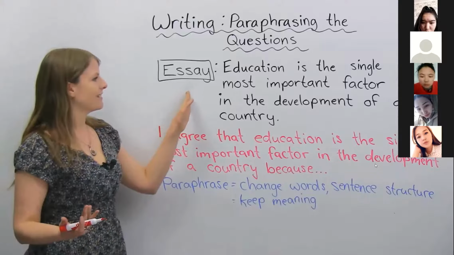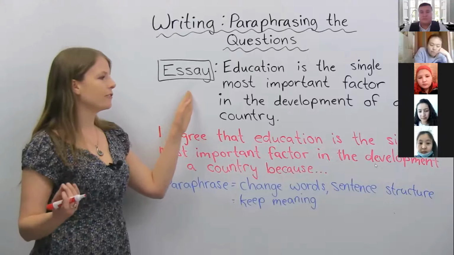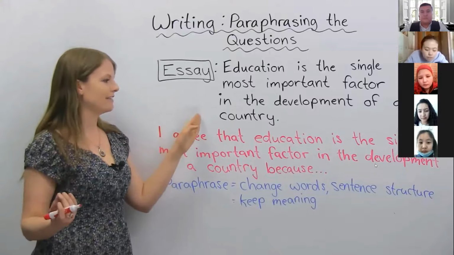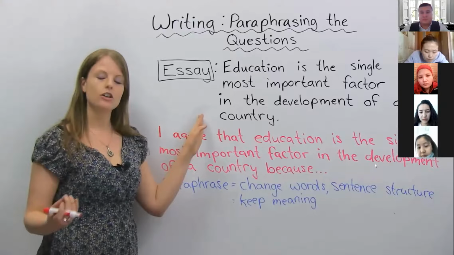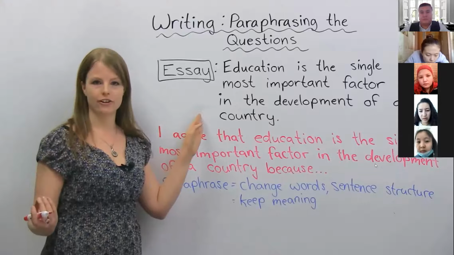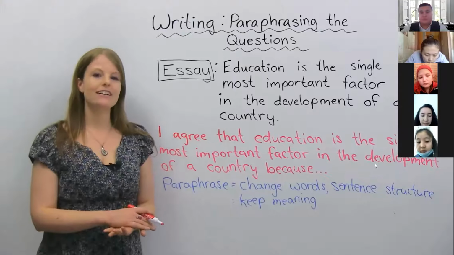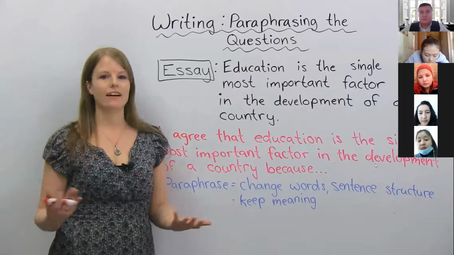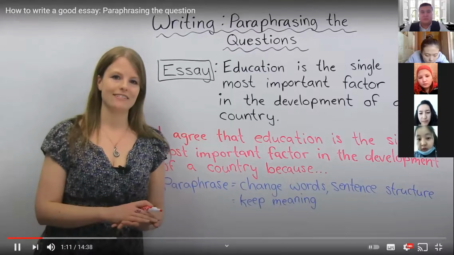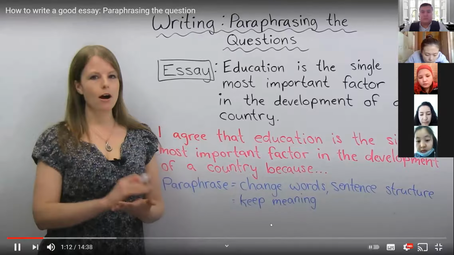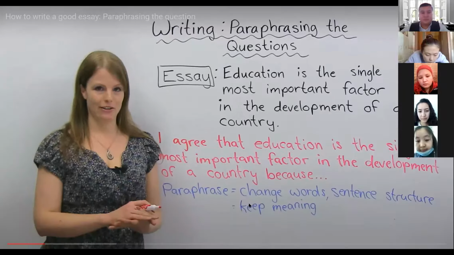The question is this: education is the single most important factor in the development of a country. Do you agree or disagree? Or maybe to what extent do you agree or disagree? This is an example of a question you might be asked. Now, a problem a lot of students have is in their answer to this question.